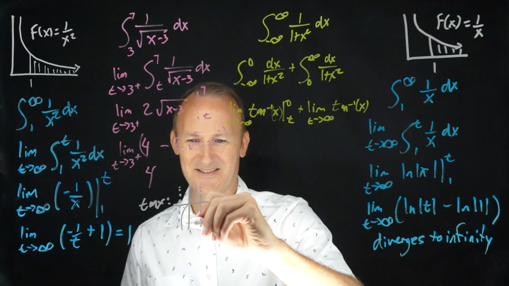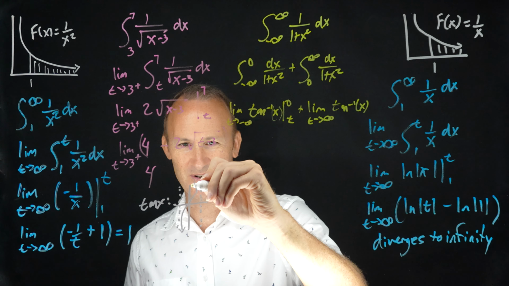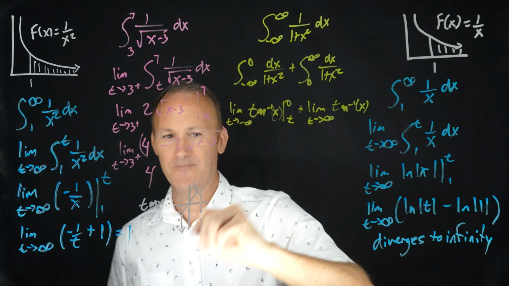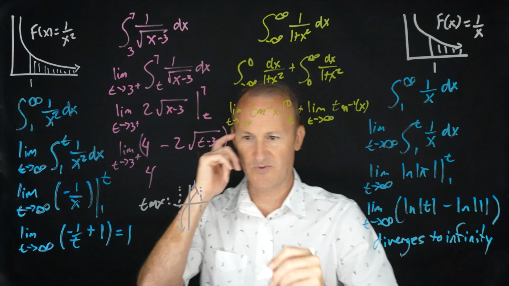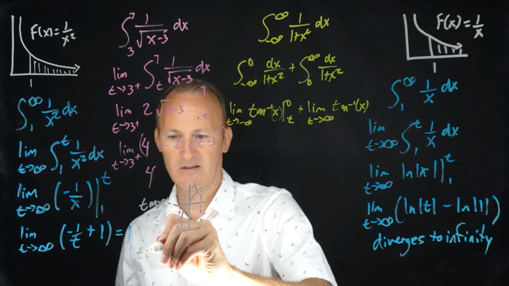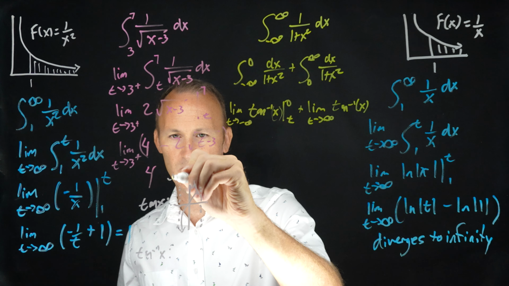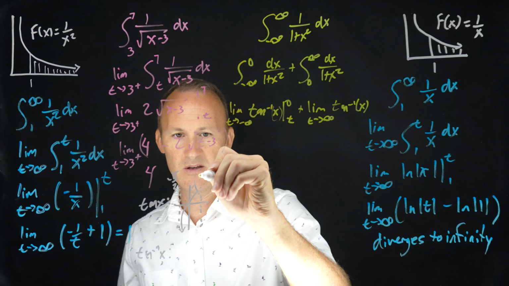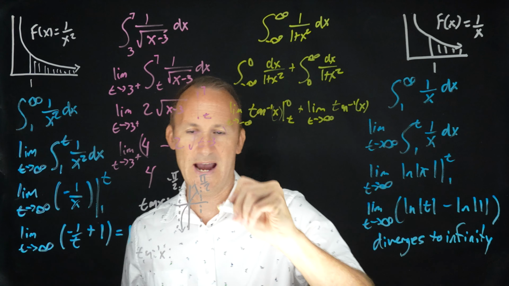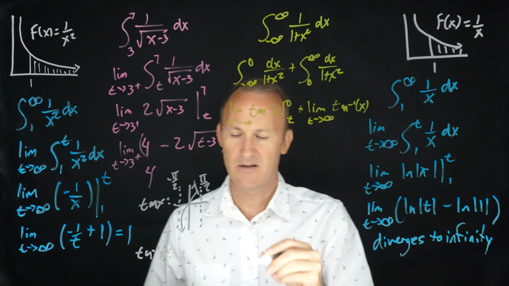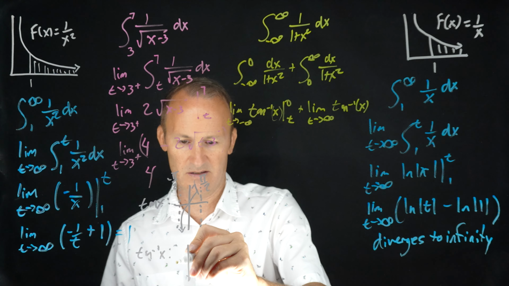It does this shape, and so for the tangent inverse of x, you basically have these asymptotes rotated. And so it looks like this.